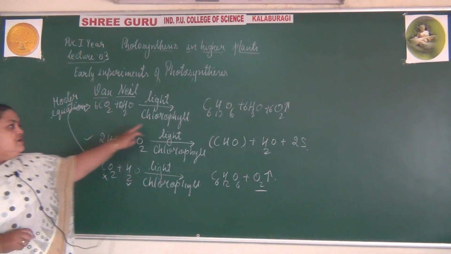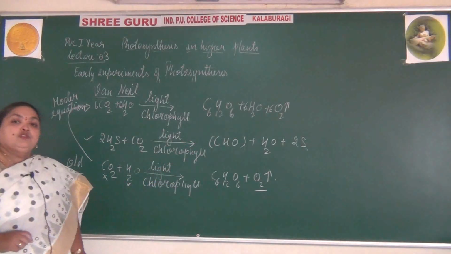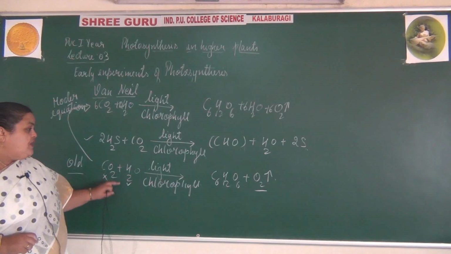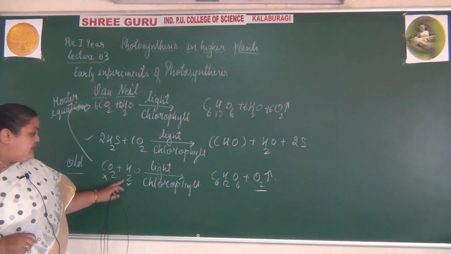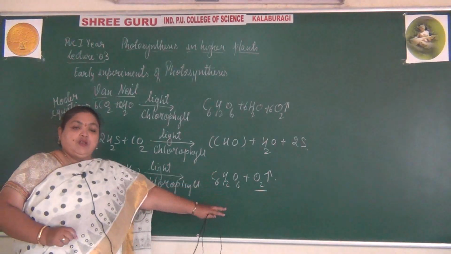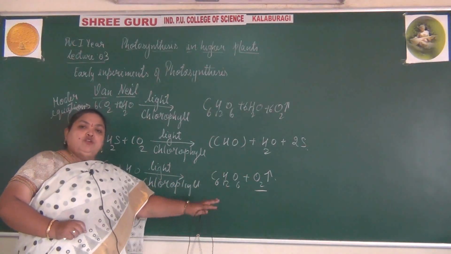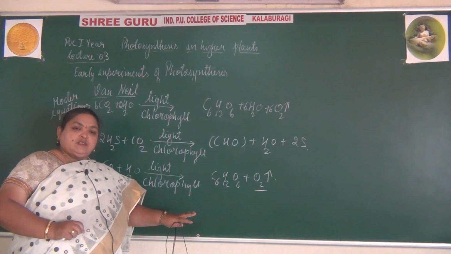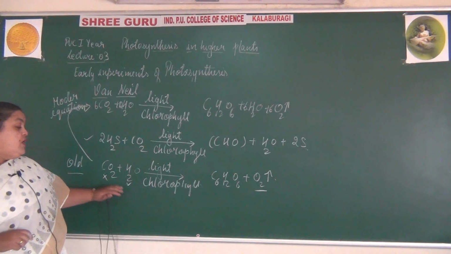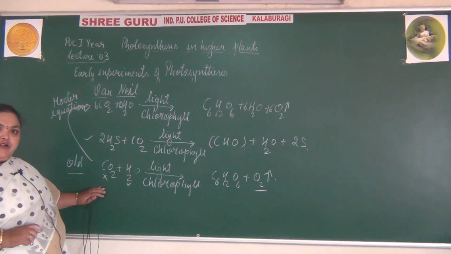Presence of water, release of oxygen. So he finally concluded that the water is responsible for the release of the oxygen. The oxygen produced during the process of photosynthesis is evolved by splitting of water, not from carbon dioxide.